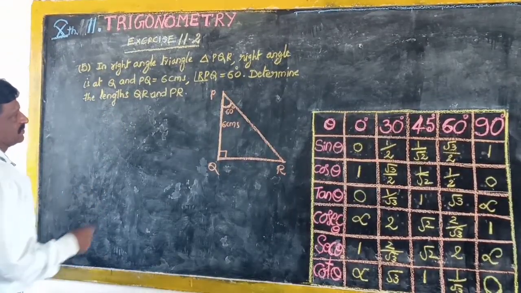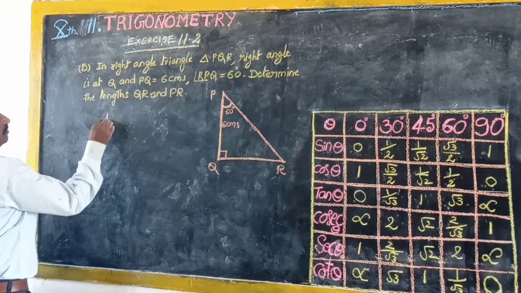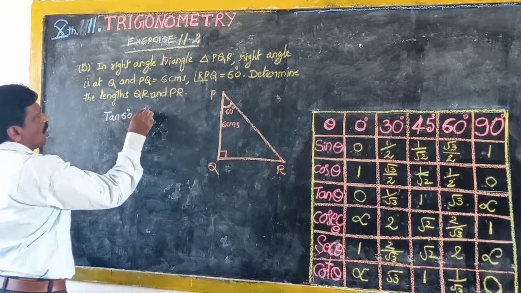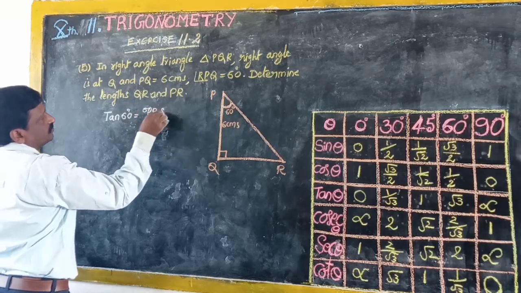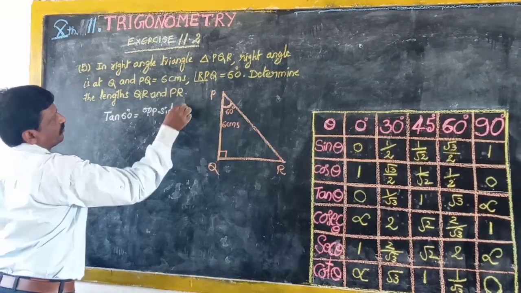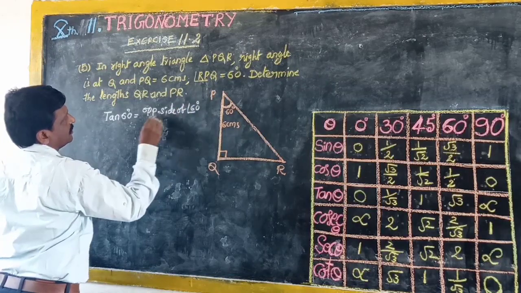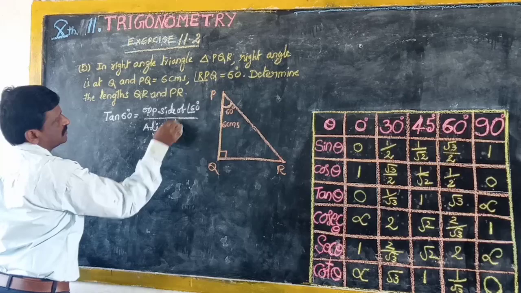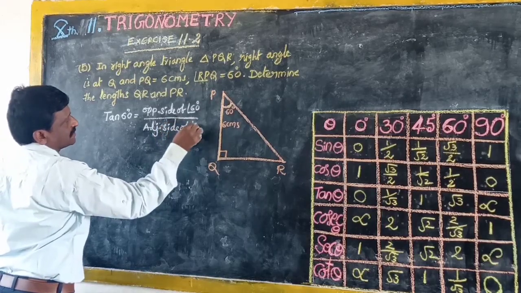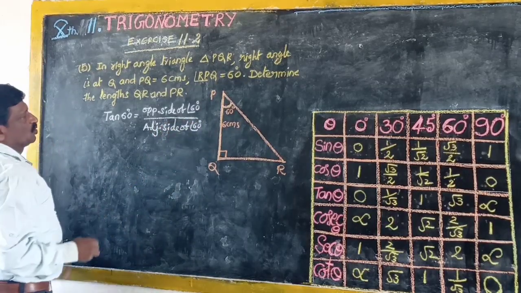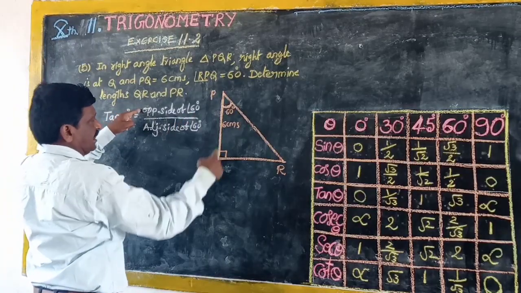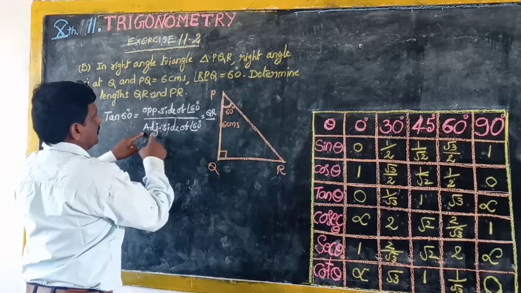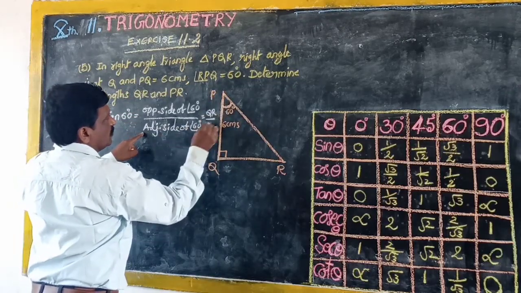So tan 60 degrees is equal to the opposite side of angle 60 degrees by the adjacent side of angle 60 degrees. The opposite side is QR, and the adjacent side is PQ.